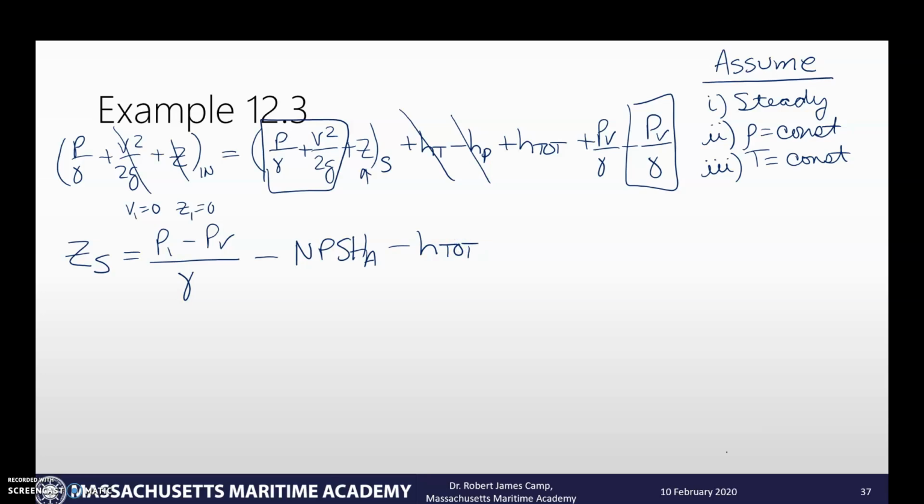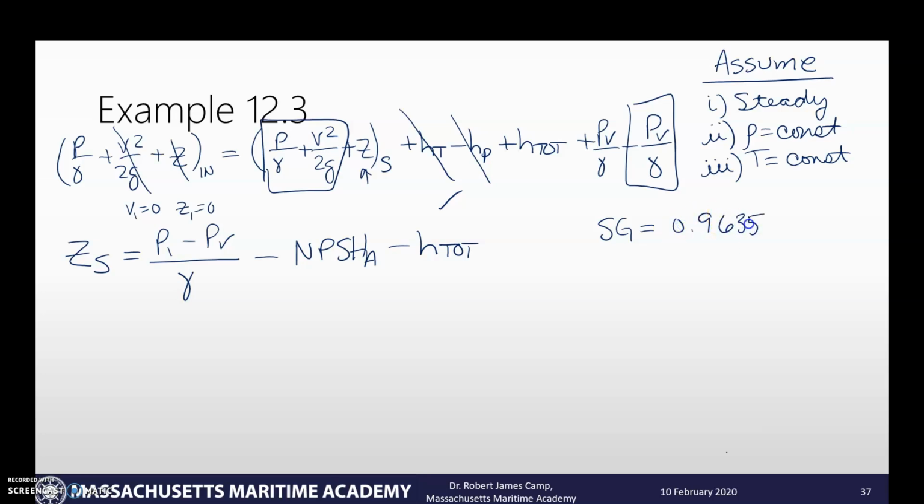Now we have to calculate a couple of things. We have H total, that's 6 feet. We know the atmospheric pressure, and we know the vapor pressure. We need to calculate gamma. We were given specific gravity. Do you remember what specific gravity is?